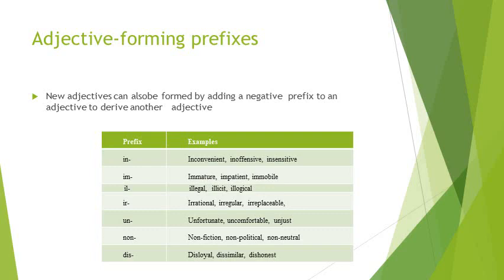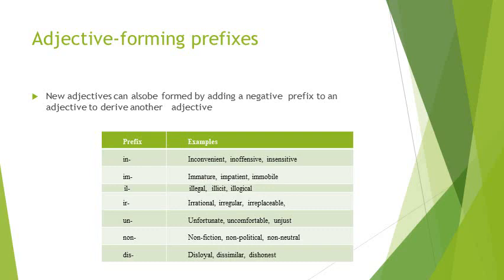Look at IR. Where you have words starting with R as in rational, regular, replaceable, and so on, we can easily guess that the prefix that will come before it will be IR. So for rational, we have irrational.